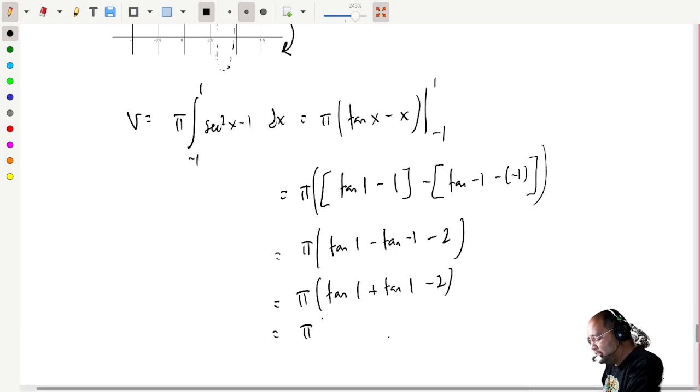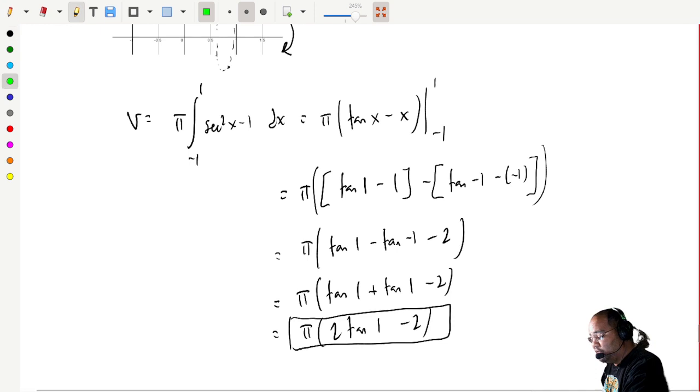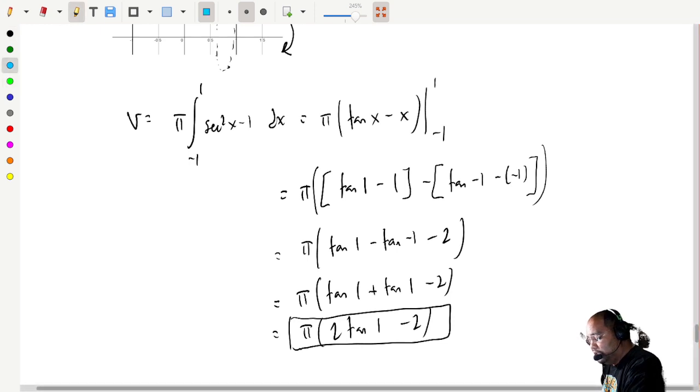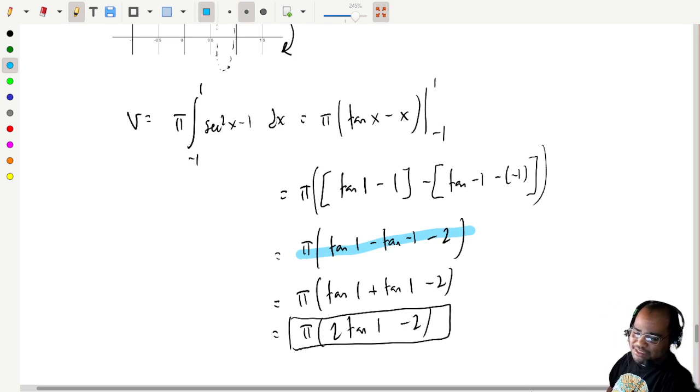And now I can collect like terms here: 2 tangent 1 minus 2. That's our volume. But like I said, the earlier form is okay to leave as well. So a little unorthodox, still something that we can handle.